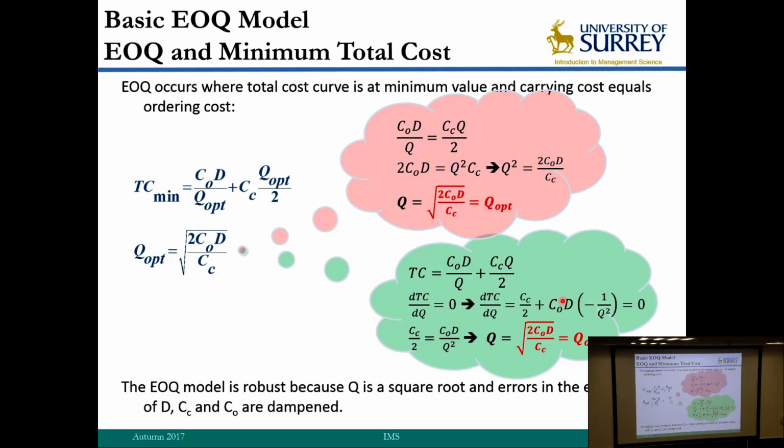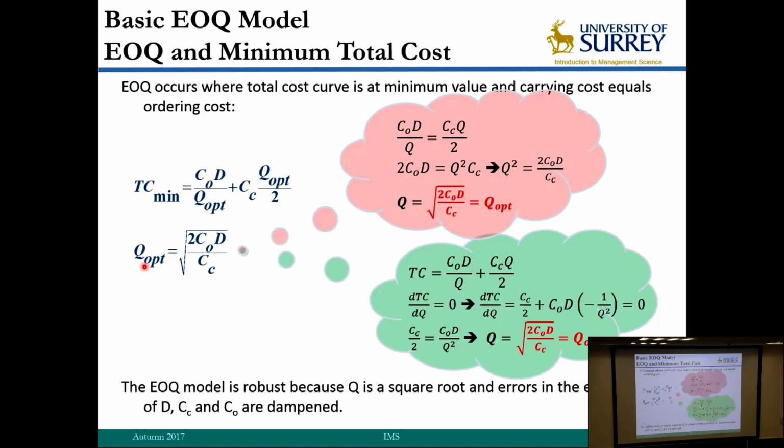Probably, because we know the whole year demand D, and every time we order Q units. If we divide the whole demand by Q, that's how many times we need to order. We're going to do some calculation later using this.